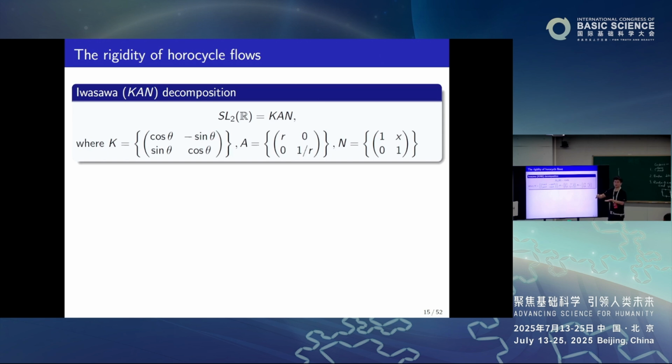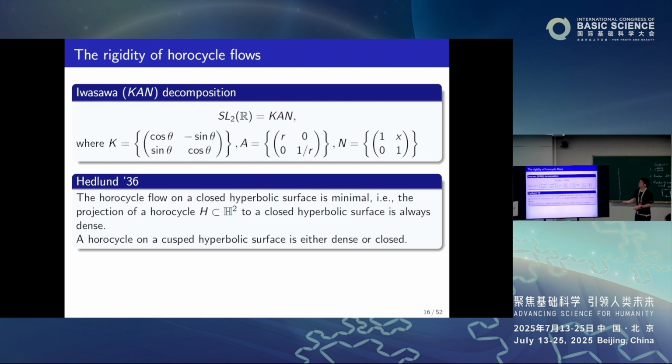So if we do any math, what do we expect? Because this one moves much slower than this one, the expectation is that we might have more control, more rigidity about this orbit. That's the expectation. And there was a theorem from around 90 years ago, which says horocycle flow on a closed hyperbolic surface is minimal.